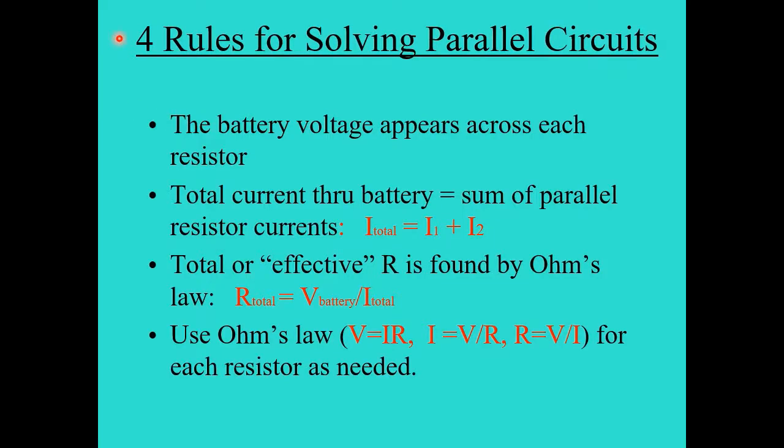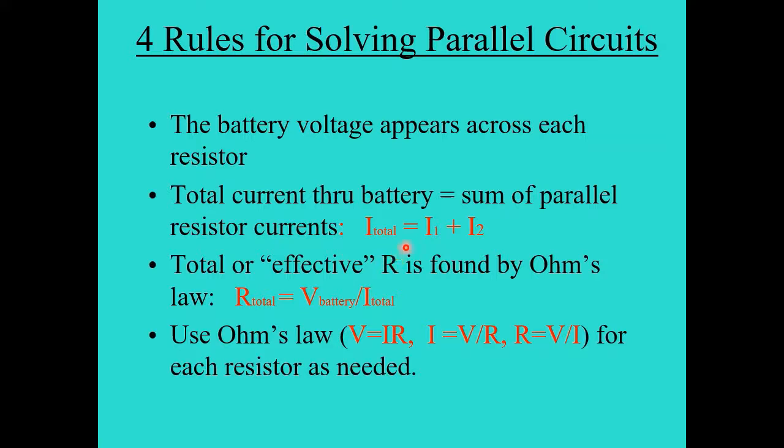So we can summarize all this for parallel circuits and come up with 4 rules for parallel circuits. The first rule is the battery voltage appears across each resistor. So if you have a 12 volt battery, we have 12 volts across each resistor in a parallel circuit. Rule 2, the total current through the battery is the sum of the parallel resistor currents.